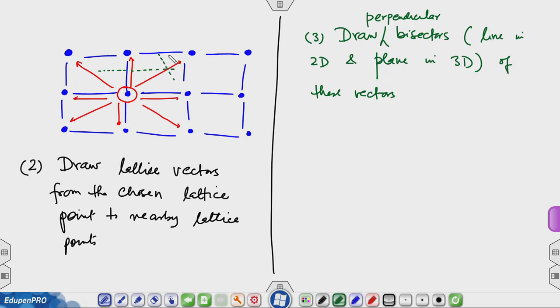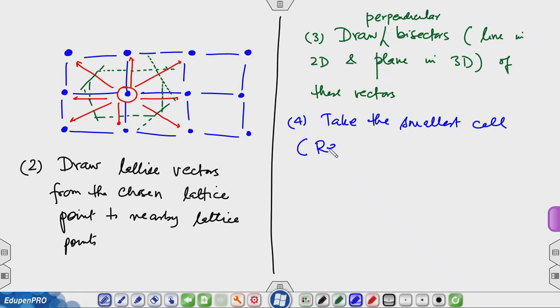The bisector out here will be here, draw all these. And take the smallest cell.